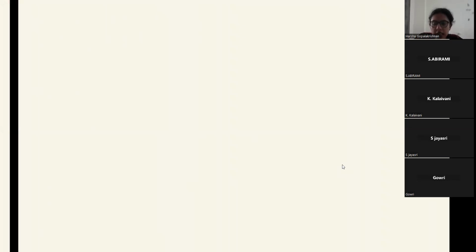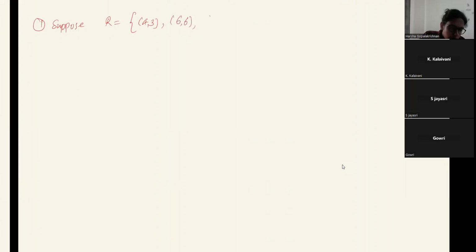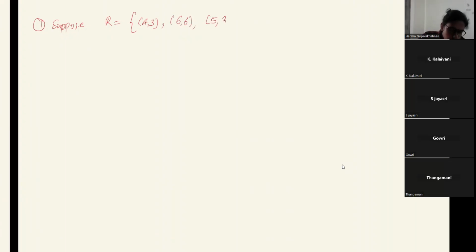The first problem is related to an equivalence relation. I will give a relation on a set A, and we need to check whether it is an equivalence relation, symmetric, transitive, reflexive, any of these. So the question is, suppose R is {(4,3), (6,6), (5,3), (3,5)}.